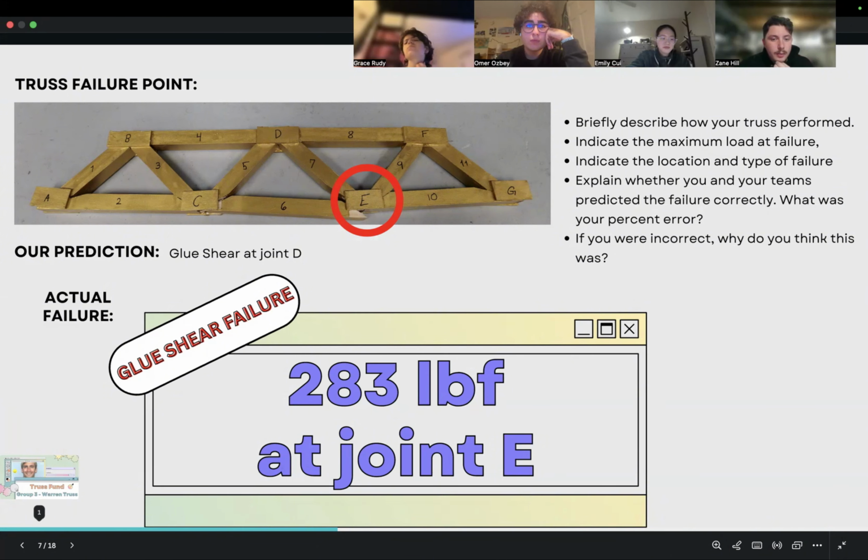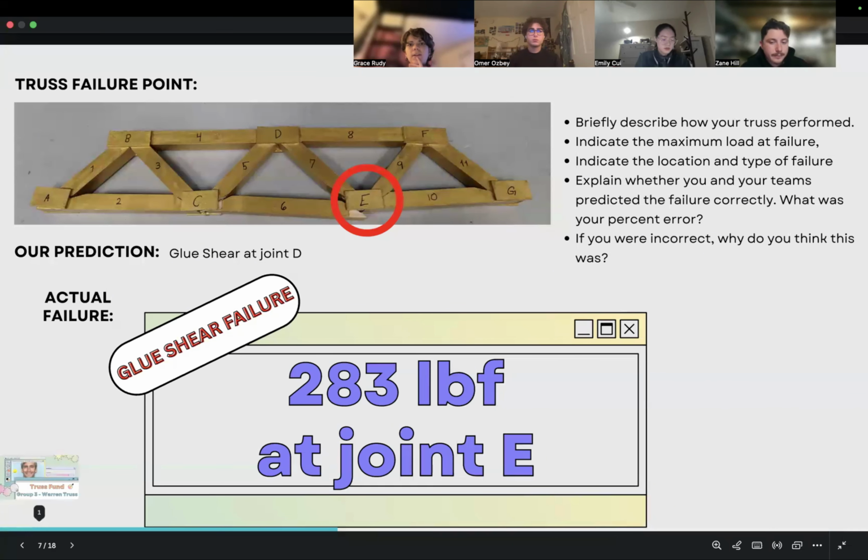So I think we may have messed up one of the calculations for proving that joint D would have been the glue shear was greater in one of these other members versus E. So basically, we knew which type of failure was going to happen, and other than that, we knew it was going to be a failure at joint E.